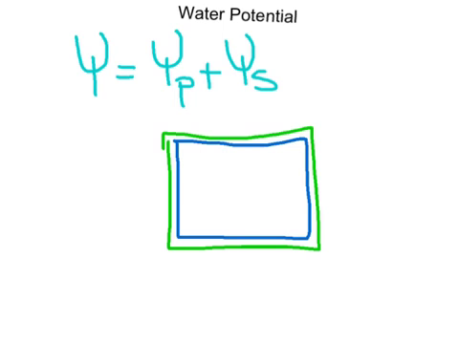And on the inside of your actual cell right here, you have dissolved stuff, sugars and ions and things like that. So there's actually a concentration of stuff inside here. That is going to be your solute potential, okay? And we can calculate that solute potential, and I'll tell you how to do that in just a second.